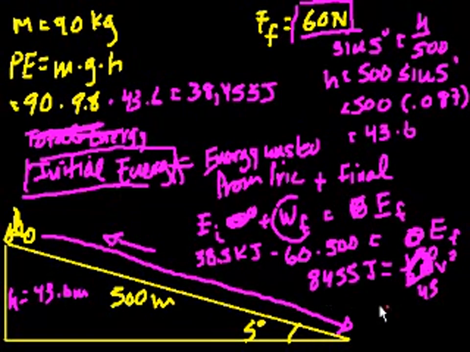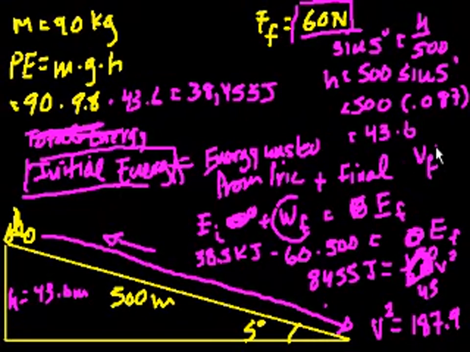So 8,455 divided by 45, we get v squared is equal to 187.9. And let's take the square root of both sides, and the final velocity is 13.7 meters per second.